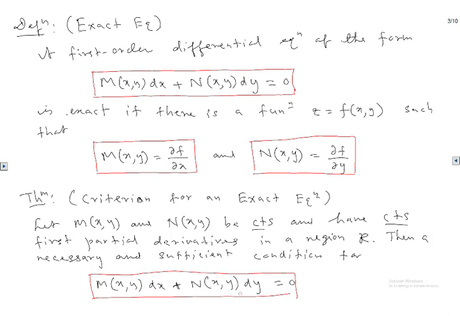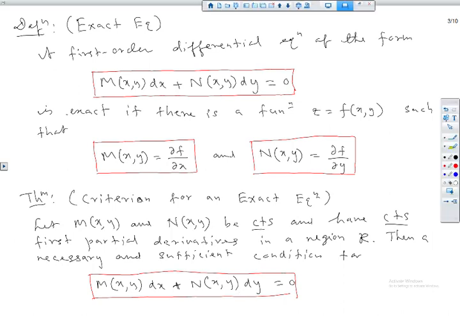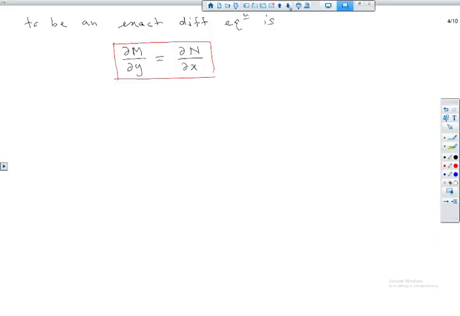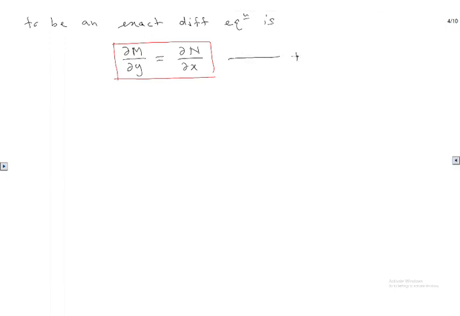And the interesting part is where this is coming from. We can kind of prove that here. If this is satisfied, we call the differential equation an exact differential equation. Remember, it's always the opposite one.